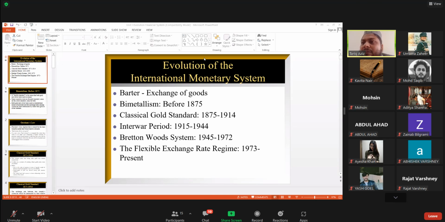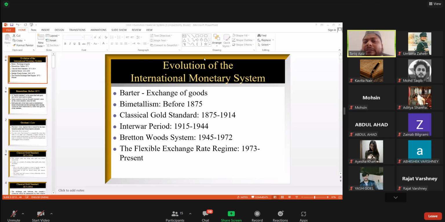There are various shades of this system also. In some countries, some governments intervene in the market, and there are some countries where governments completely leave this aspect to the market, let the market decide the rate between two currencies, and the government does not intervene.